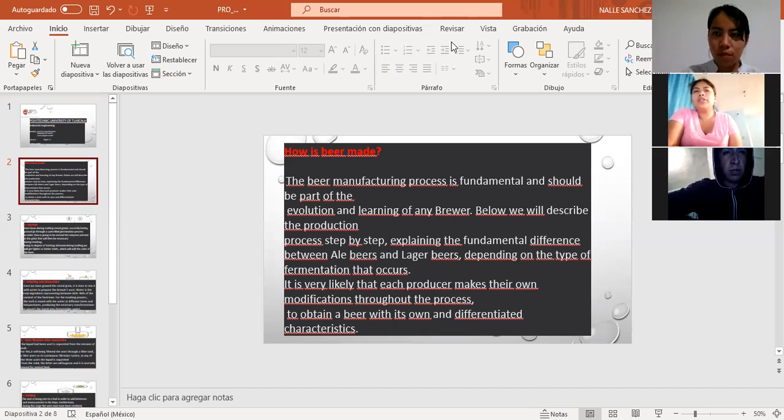It is very likely that each producer makes their own modifications throughout the process to obtain a beer with its own differentiated characteristics.